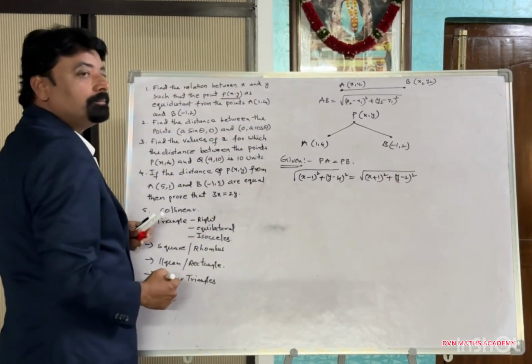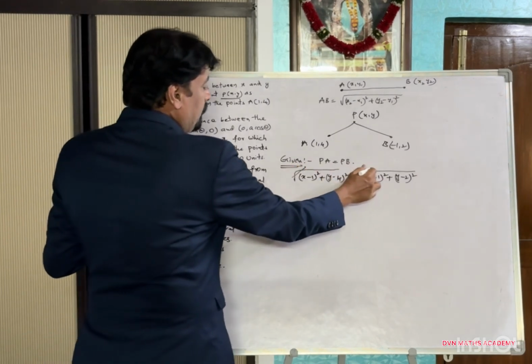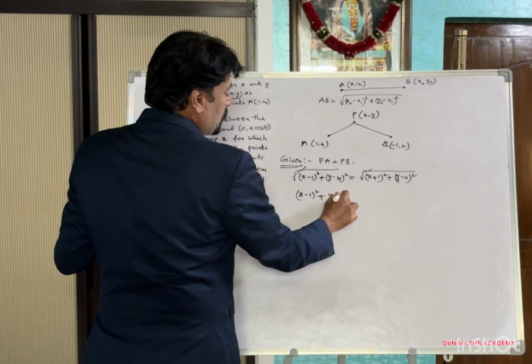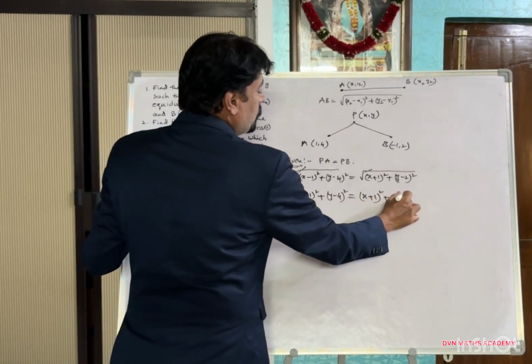If you square on both sides, these roots will be cancelled. Then directly we get (x minus 1) whole square plus (y minus 4) whole square is equal to (x plus 1) whole square plus (y minus 2) whole square.